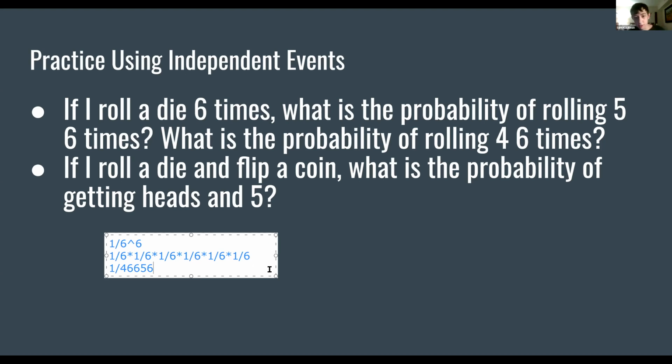All right. If there's no questions about that, we can move on to the second one. If I roll a die and I flip a coin, what is the probability of getting heads on the coin and 5 on the die?